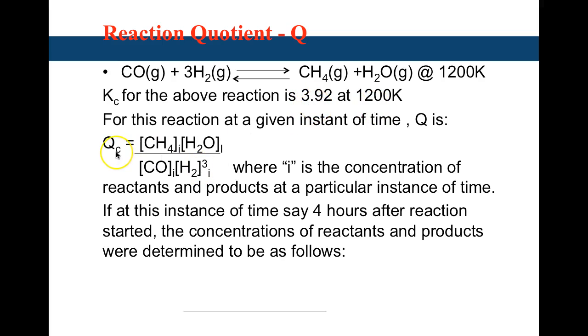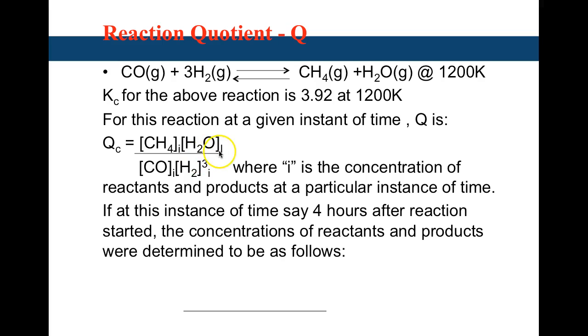So you will write a Qc, reaction quotient expression, just like you would a Kc expression. It's the product of the products raised to their coefficients, which in this case is all 1, divided by the product of the reactants raised to their coefficients. So CH4 times H2O divided by CO times H2 cubed.